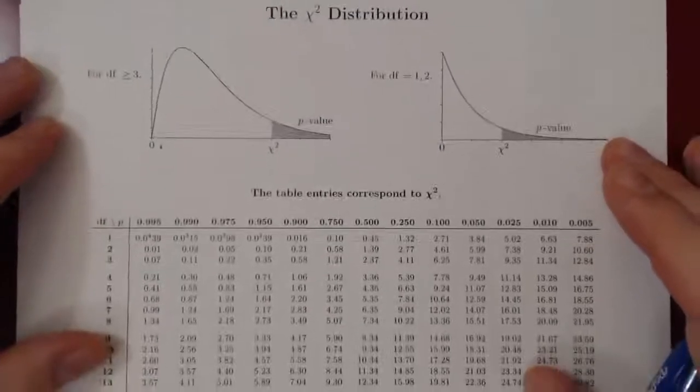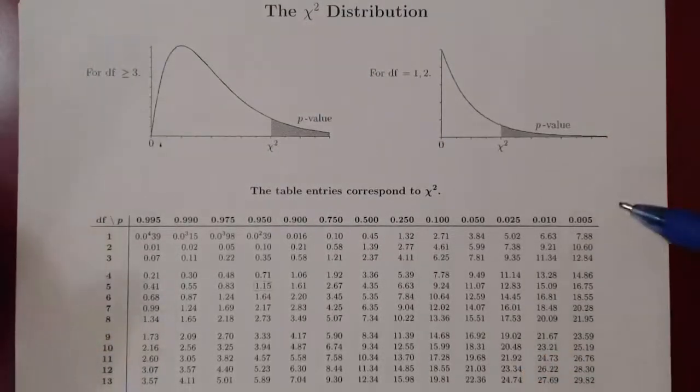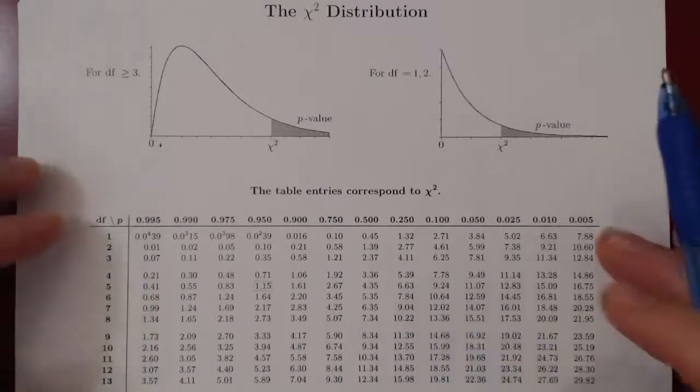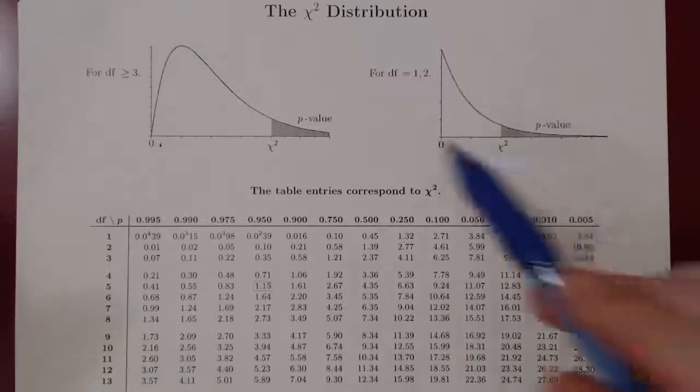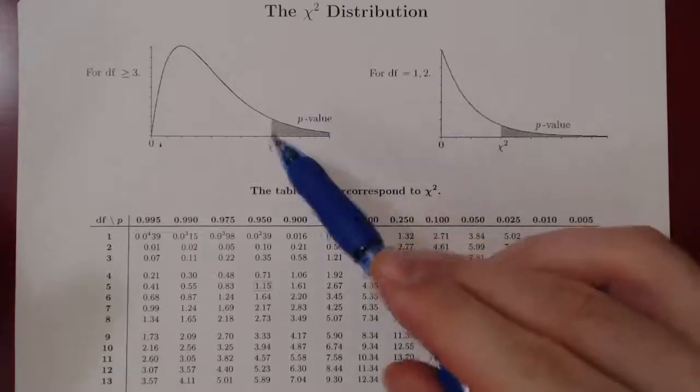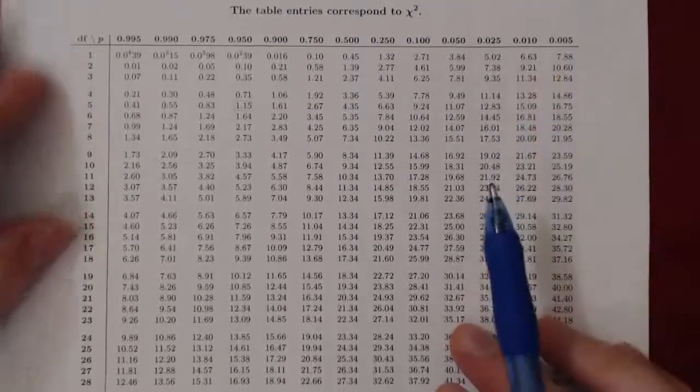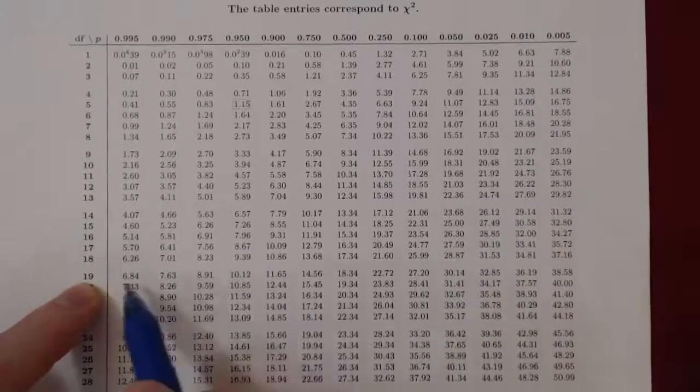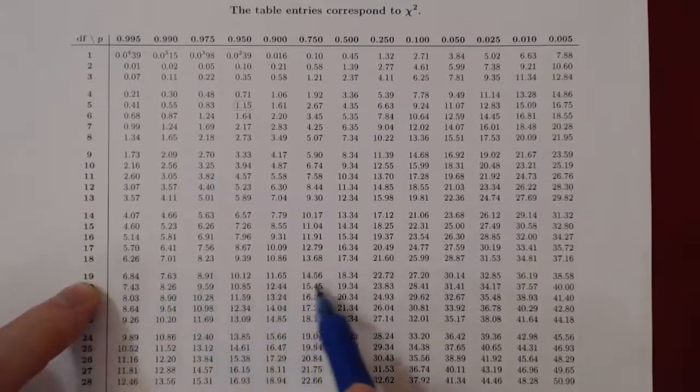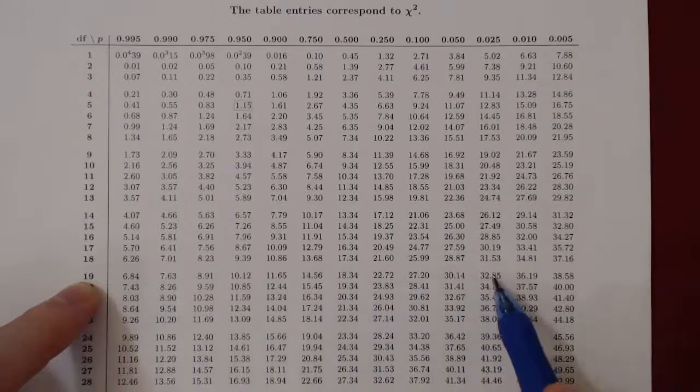And you'll see why this is not as nice given our table. Because we knew the chi-squared value and the degrees of freedom, and we'd have to extract from that the p-value, the area to the right of our chi-squared value. So we had 19 degrees of freedom, and we have to find the closest chi-squared to our 32.11.